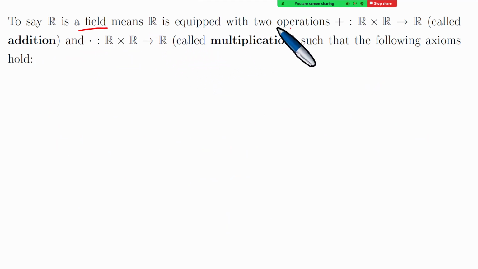This means R is equipped with two operations. The addition operation, which is from R cross R to R, called addition. And multiplication operation. R times R would produce a real number, such that the following axioms hold.